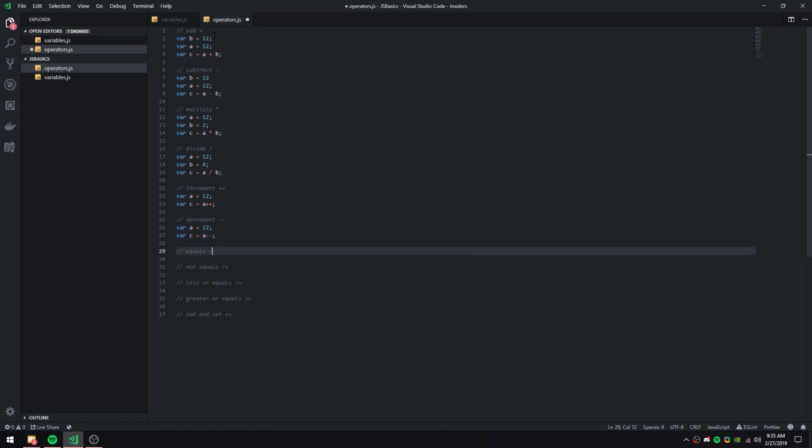just like that. Equals, well, we've used it pretty much everywhere so far, a equals b equals 12, for example. Now there's also double equals and triple equals.